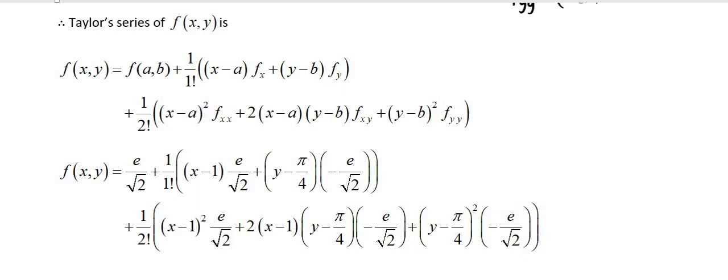The fxy value is minus e by root 2, plus y minus pi by 4 whole square. The fyy value is minus e by root 2. So now I am getting the final answer, that is the Taylor series of the given function up to second degree terms.